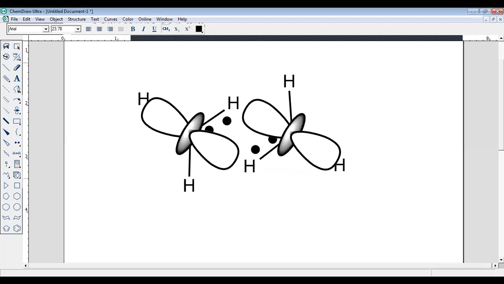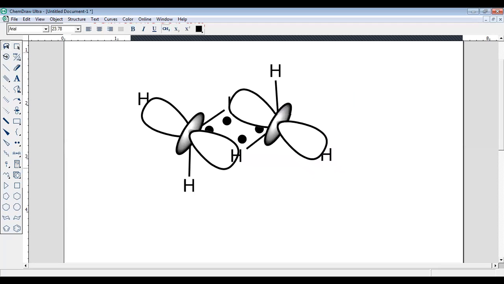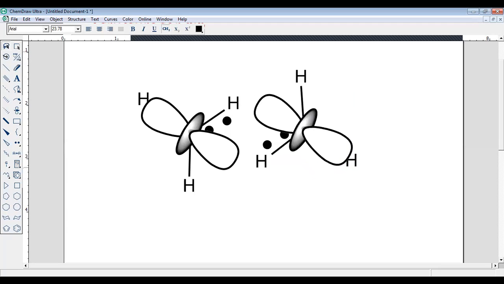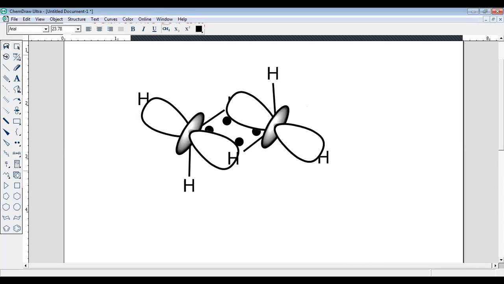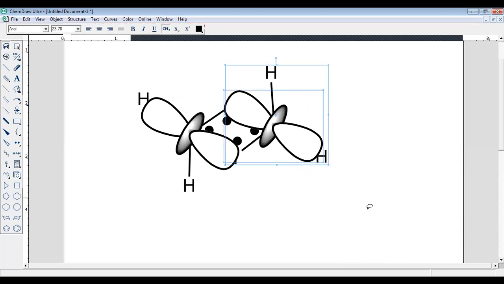This will approach more near to this one. See what is happening? Think about this. This hydrogen or this bond is overlapping with this empty orbital, and this bond overlapping with this empty orbital. And that's all, you see here overlapping over.